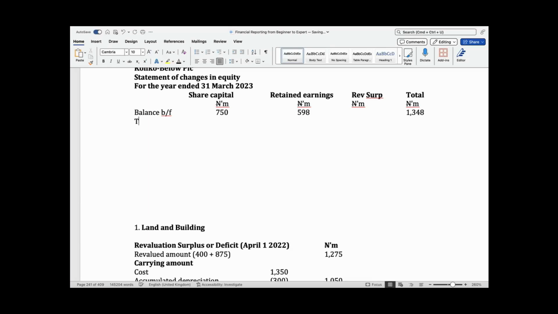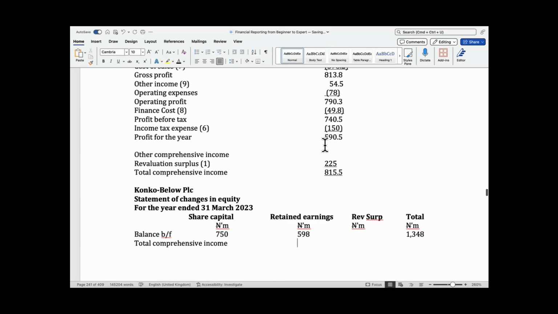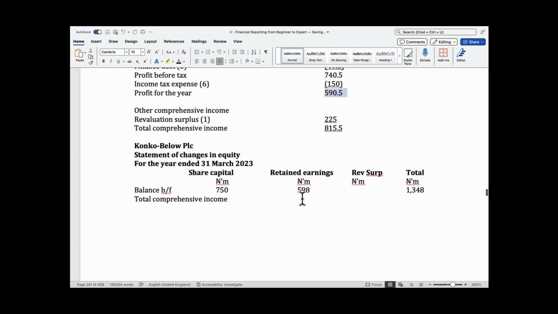Then I can put my total comprehensive income, which is broken into my profit for the year here. That will be added to my retained earnings and my valuation surplus. If I add the two together, I get my 815.5.